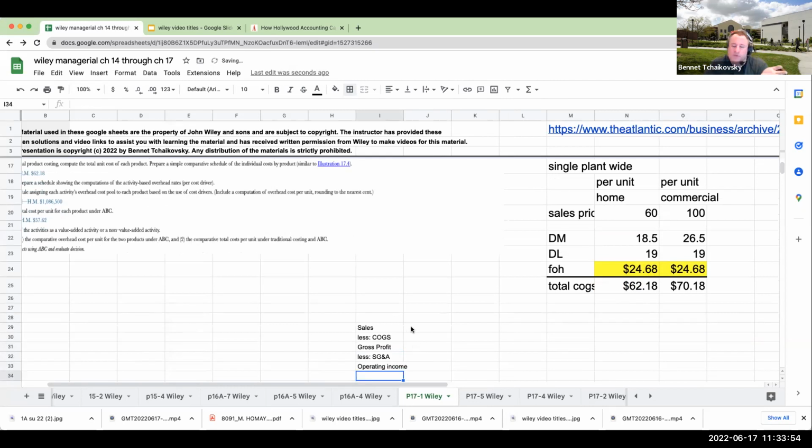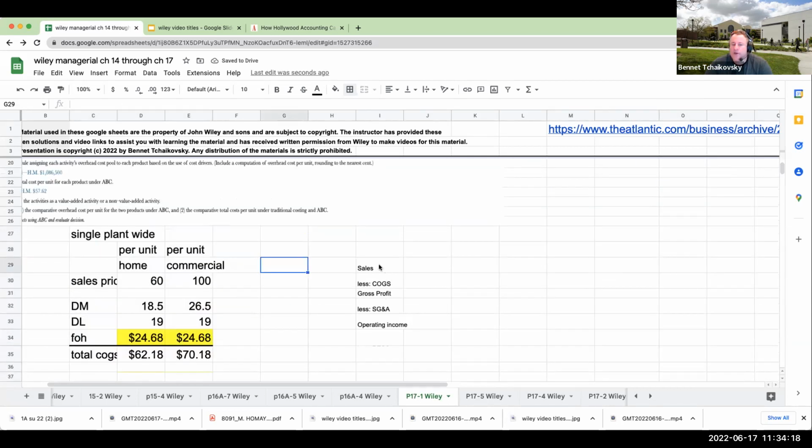If I'm losing money at the gross profit level, before I even get to selling, general and administrative, I potentially have a problem. So this is why the methodology we choose is extremely important. Now, let's take a look through this. So this is the results under single plant-wide.